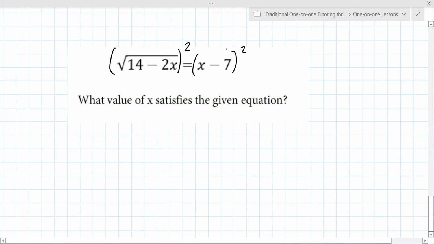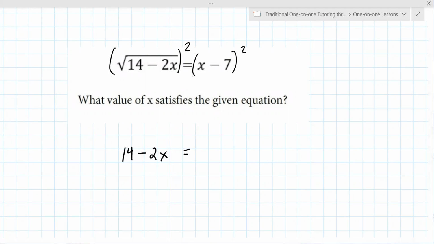On the left, it undoes the square root. On the right, I want you to expand this, the x minus 7, just like we did in the previous problem. If you need me to go back up, I can, but go ahead and simplify that for me, please.